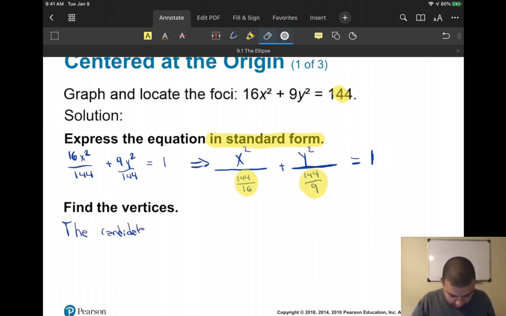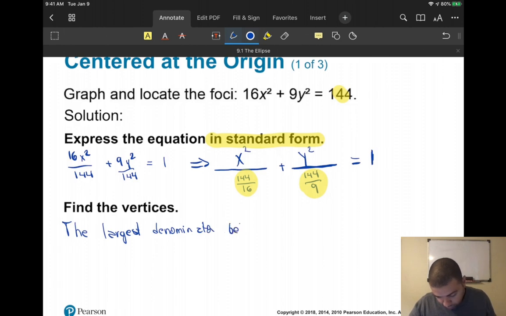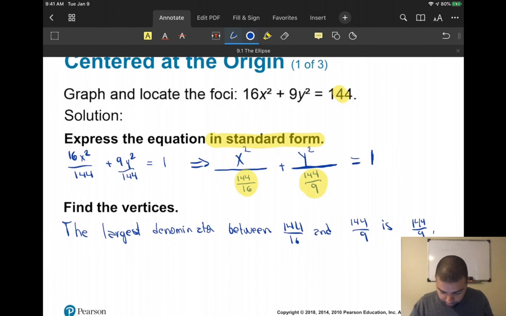The largest denominator between 144 over 16 and 144 over 9 is 144 over 9, because the smaller bottom of a fraction gives me the largest number.